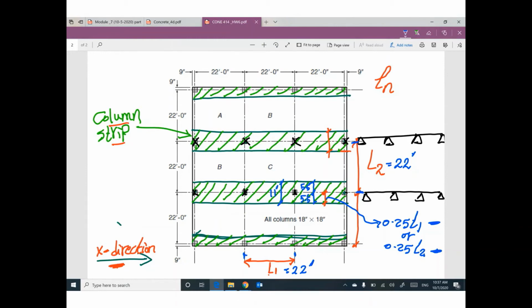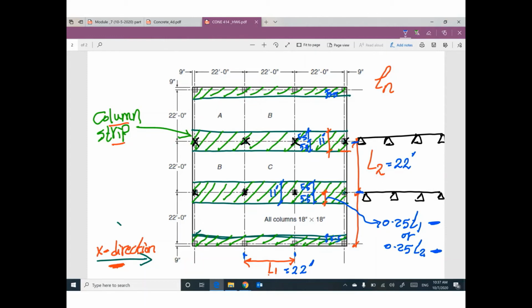Any question? So I have 11 here also. From this center line, I have 5.5. From this center line, I have 5.5.